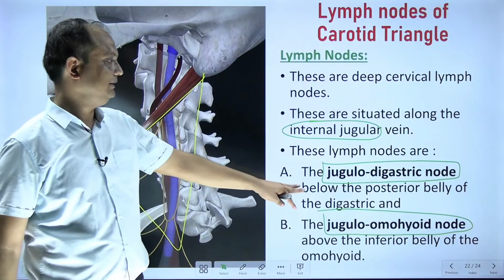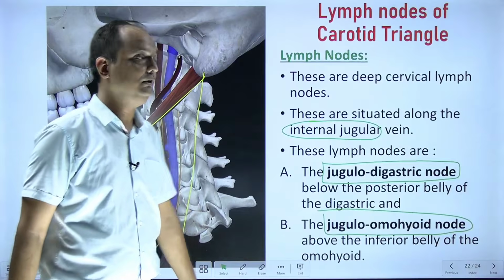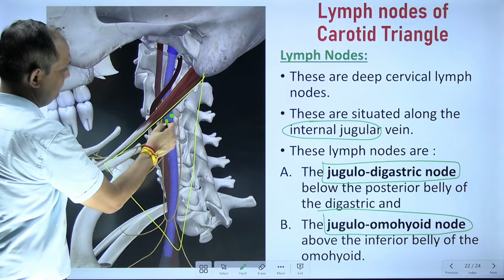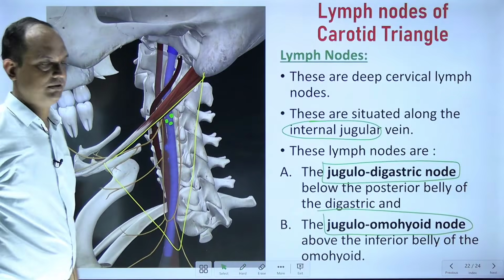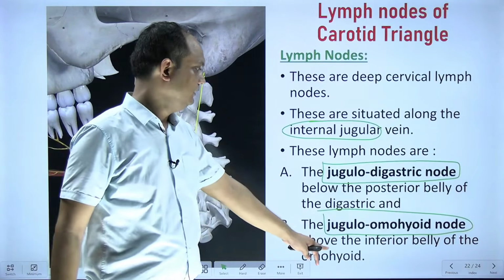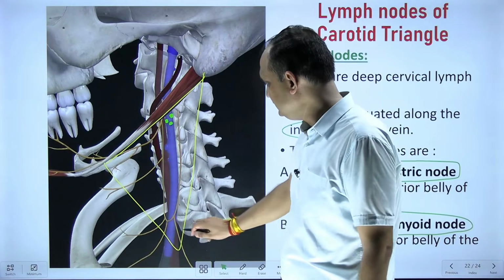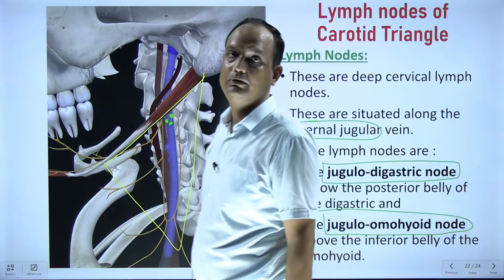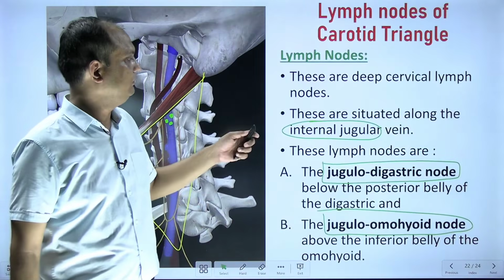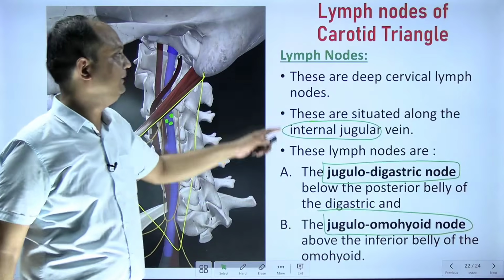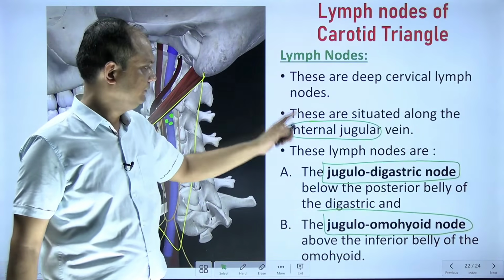So the jugulodigastric lymph node lies below the posterior belly of digastric. This is the posterior belly of digastric, and here you will have the lymph node known as jugulodigastric. Then you will have the jugulo-omohyoid, which lies above the inferior belly of omohyoid. So they will lie in the lower part of your triangle. Clear? So whenever you are reading about lymph nodes, you will find deep lymph nodes, and which deep lymph nodes?